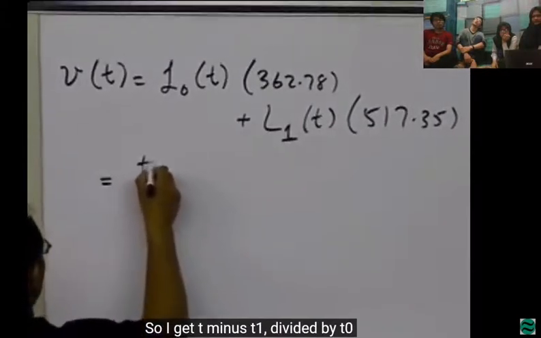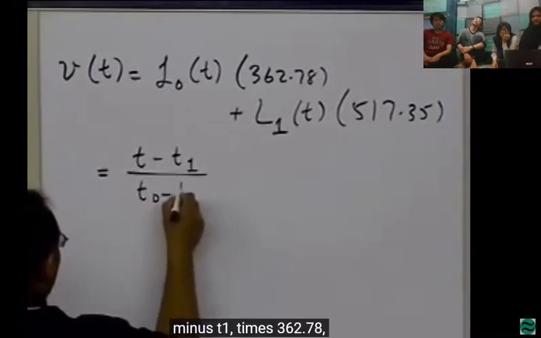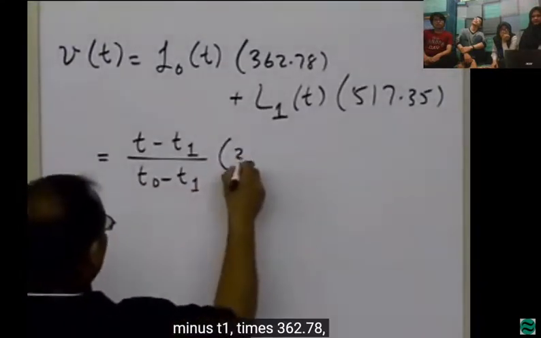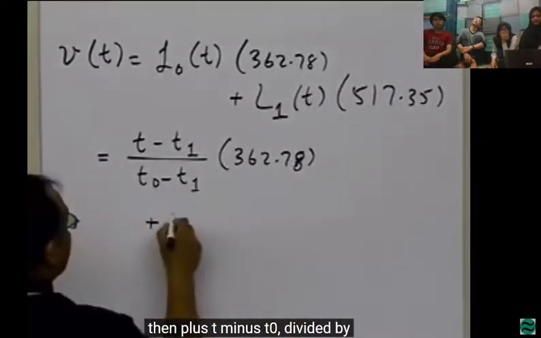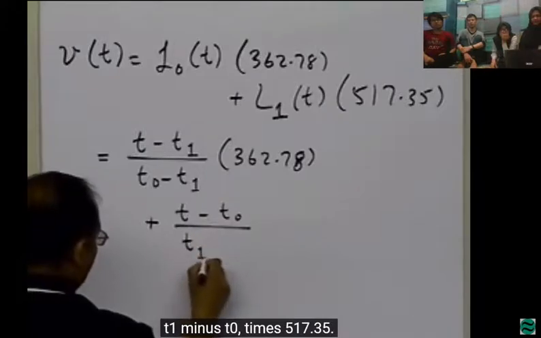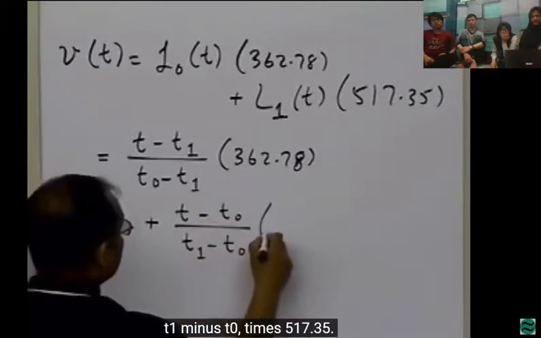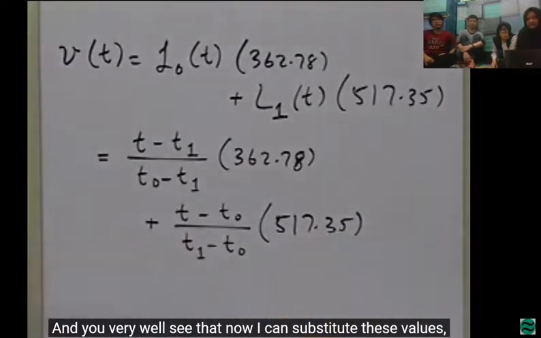So I get (t minus t1) divided by (t naught minus t1) times 362.78, then plus (t minus t naught) divided by (t1 minus t naught) times 517.35. And you will see that now I can substitute these values.